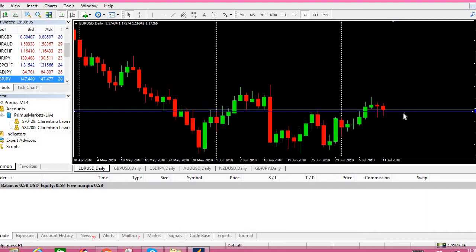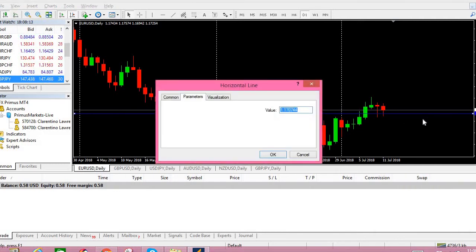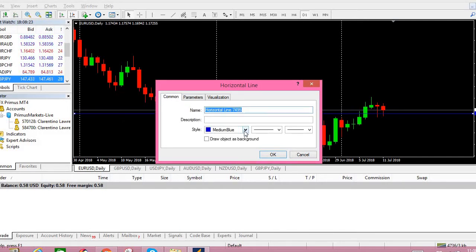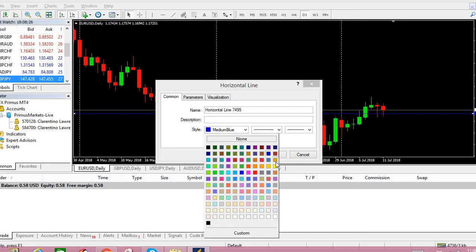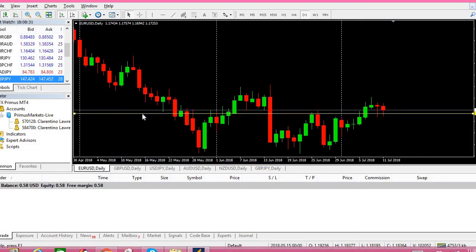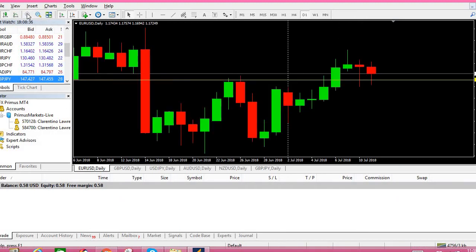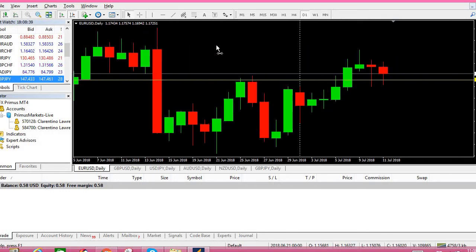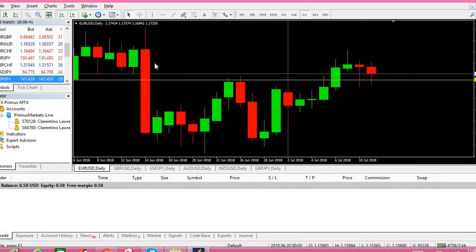Let me change the marker down here. Let's change the color to yellow. I like yellow. Yellow is a strong color. Now let me zoom. Okay, now let's have a look. Very strong indicator.